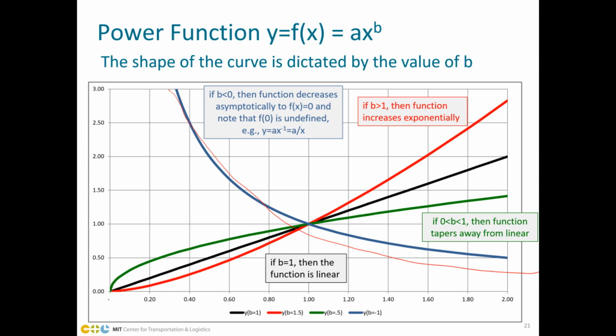Now, why is this important? Well, if you have a b, let's say it's equal to -1, so your function is y equals a times x to the -1, that's the same thing as saying that y is equal to a divided by x. Remember, a negative exponential is simply putting it in the denominator.